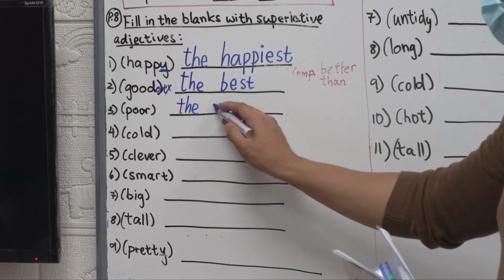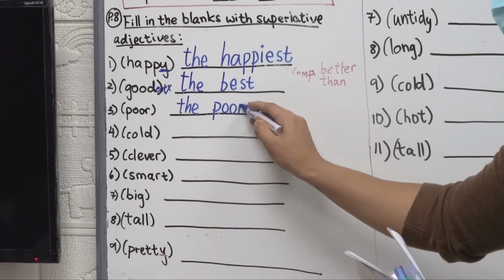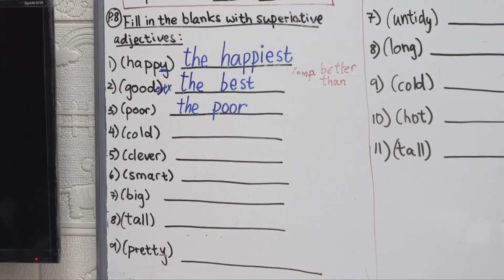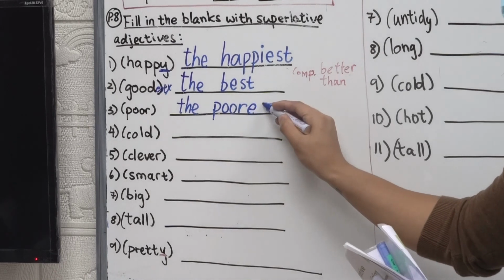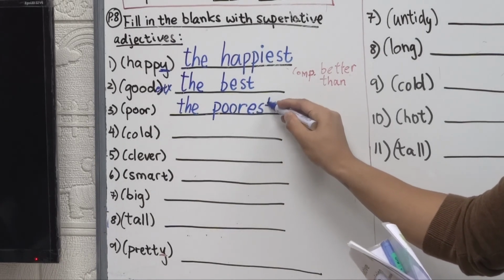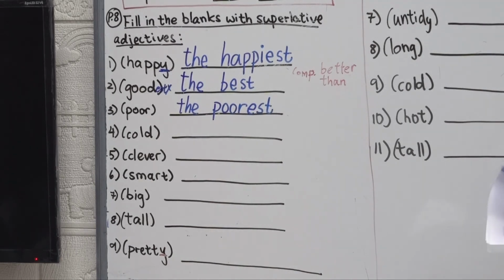So you can copy down the word poor. Alright, the poor, and then E-S-T. Poorest. This is the poorest mistake in my life. It was the poorest mistake, right? So a bad choice to do, the most.